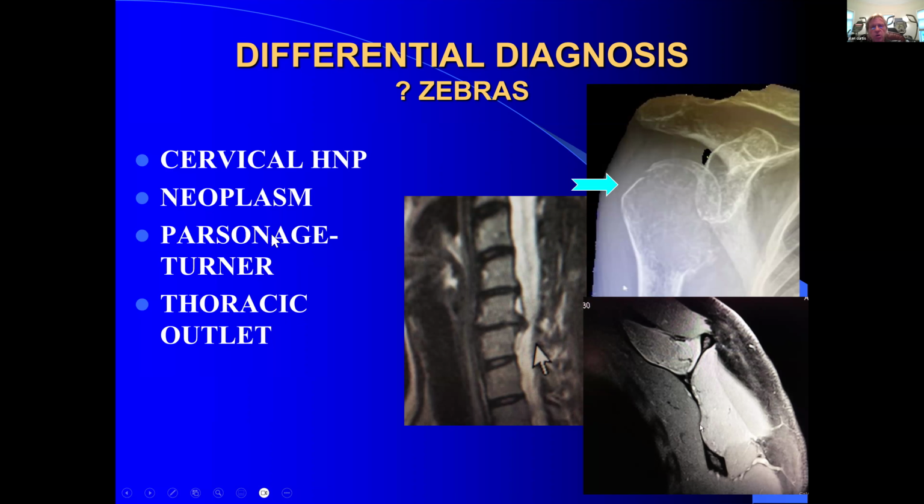Other zebras: Parsonage-Turner syndrome, or brachial neuritis. The etiology is unclear, but basically it's demyelination of the suprascapular nerve. And it's basically not traumatic. It's more the presentation of really severe pain for about 4 or 5 days, followed by weakness.